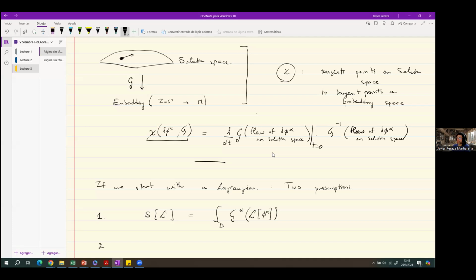And the other prescription is that S will depend on the Lagrangian and on the map, and it will be the integral in D of the Lagrangian of the pullback of the field parameters.